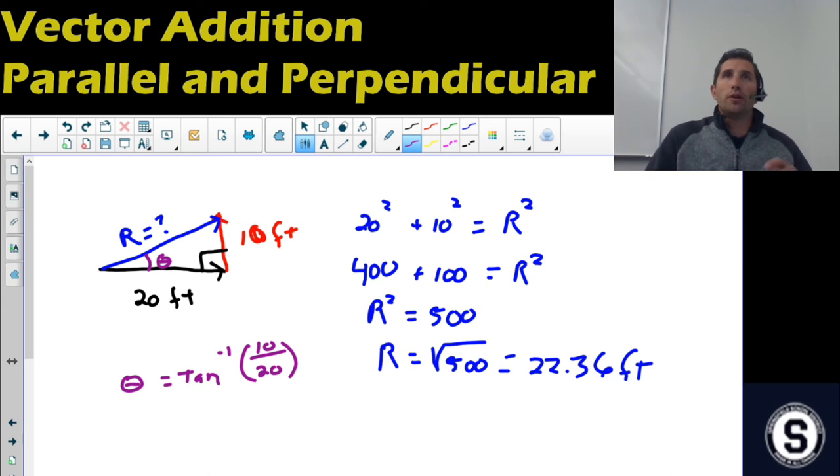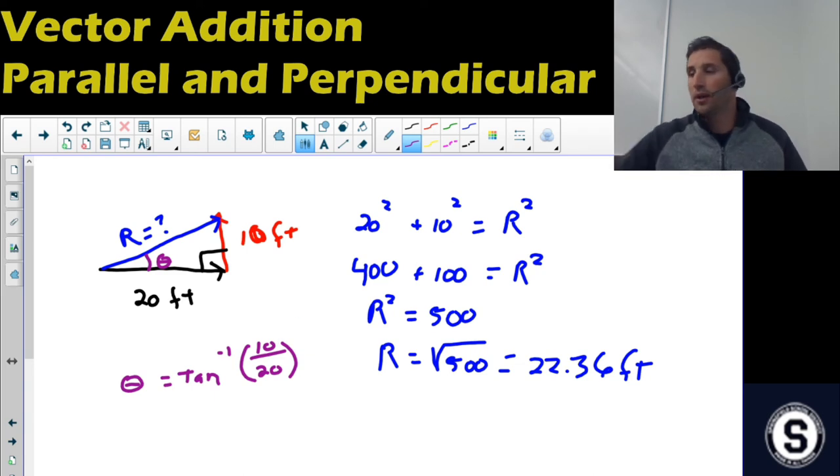If you've never played with the mode button, by default, if you're using a TI-83 or a TI-84, they are in what we call radians. We need to switch that to degrees in order to do the calculations. So you hit the mode button, and the third option down says radian or degree. You want to put it in degrees. So we switch that over, and then we can actually do this calculation.